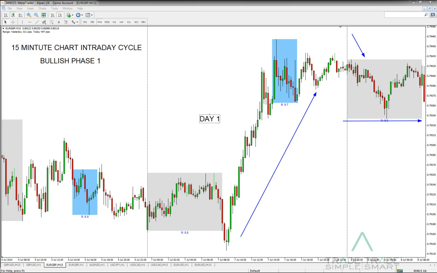So if we're expecting smart money to move the market to the upside to complete phase 2, then we know that during the manipulation process, they're going to induce retail traders to sell. Okay, so we're going to be expecting smart money to induce retail traders into the wrong side of the market, which would be the sell side, so that they can buy into these orders and complete phase 2.